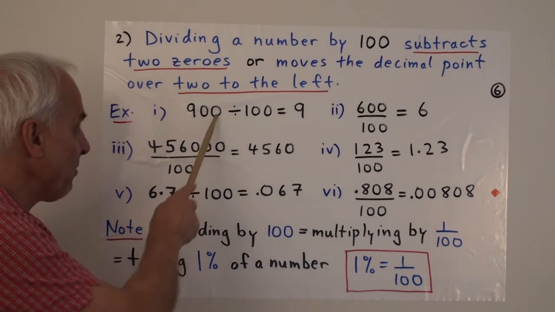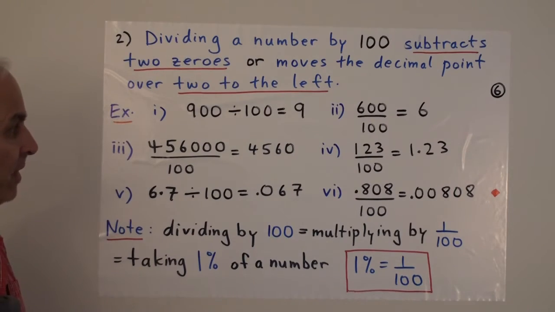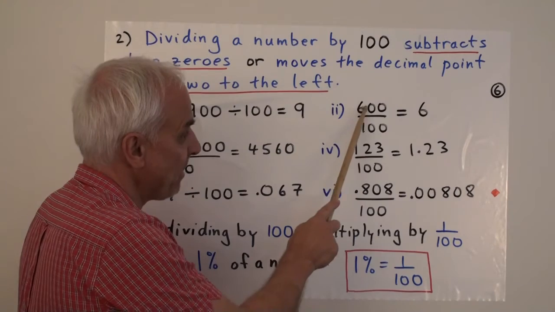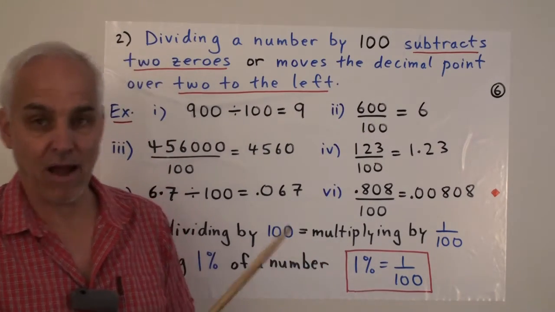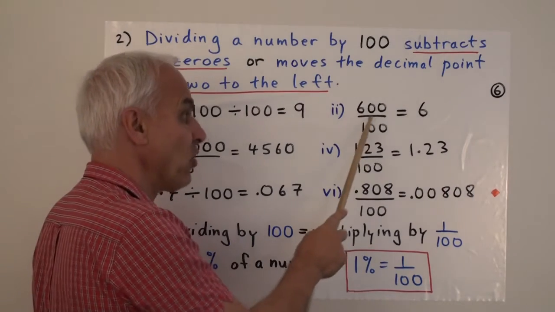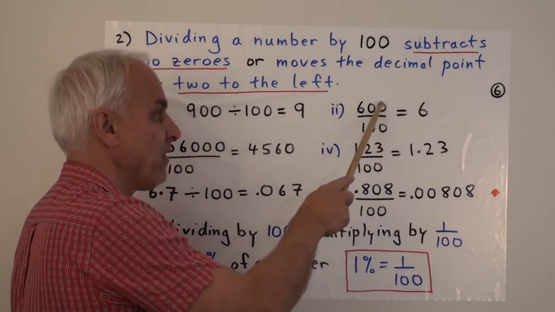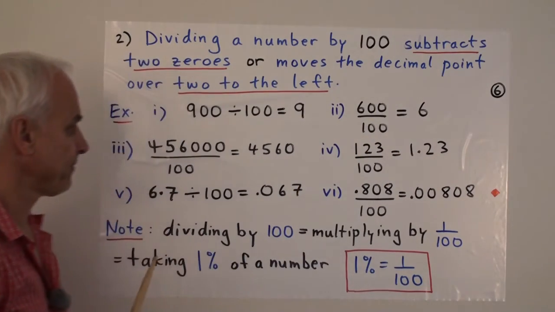The effect is to remove those 2 zeros at the end. We can also write the division as something over 100. So if we divide 600 by 100, we can also write that as 600 over 100. And the effect is to remove the 2 zeros at the end to give us 6.